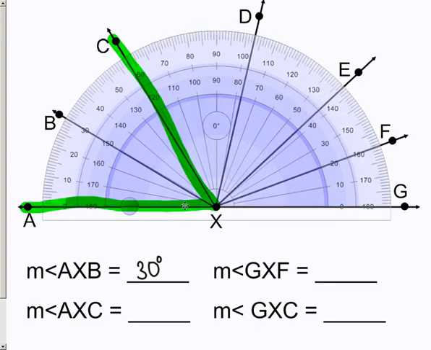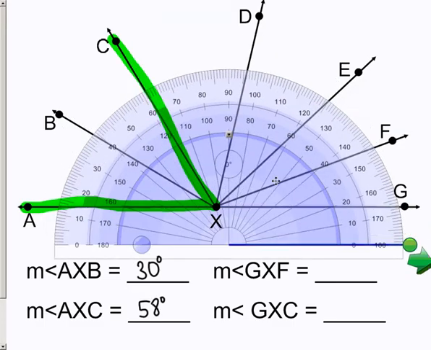And then we're going to line up this protractor with that bottom ray. And again, since it's opening up to the left here, and we've lined up on this one, we want to start with the 0 and we work our way up. And so it goes all the way to, let's see here. If you notice, this is 50, this is 55, so 56, 57, 58 degrees. Angle AXC is 58 degrees.